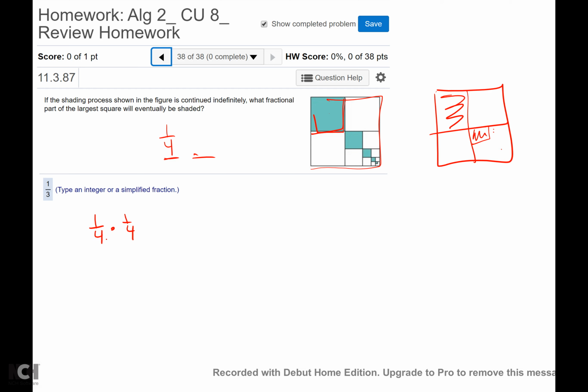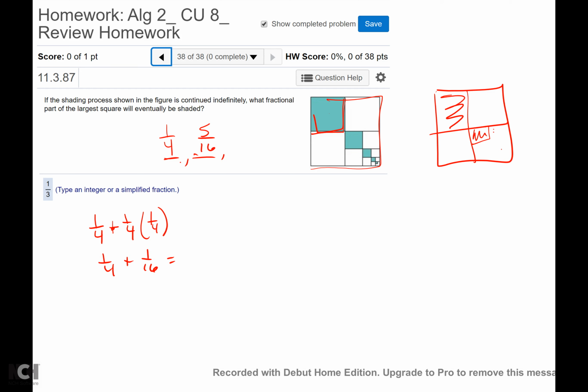The second term would be, I'm coloring 1/4, I've already got 1/4, plus 1/4 of a fourth. So that would be 1/4 plus 1/16, which would be 1 divided by 4 plus 1 divided by 16. You get 5/16.